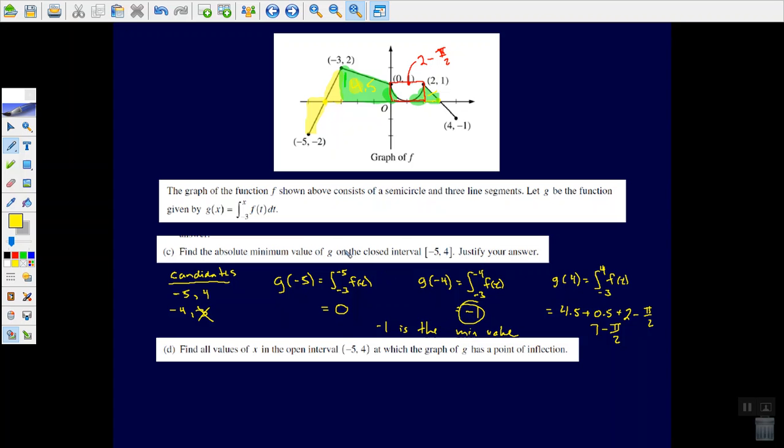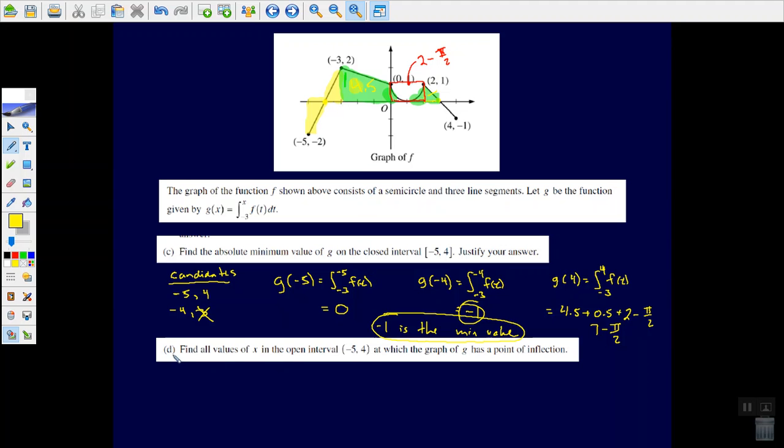It's not asking at what value of x is the absolute minimum. It's asking what the minimum value of the G function is, and that's negative 1. Okay? That's an important distinction because I guarantee a lot of students who could answer all this part right would get the answer point wrong because they might state that negative 4 is the answer. But that's a value of x, not a value of the function.